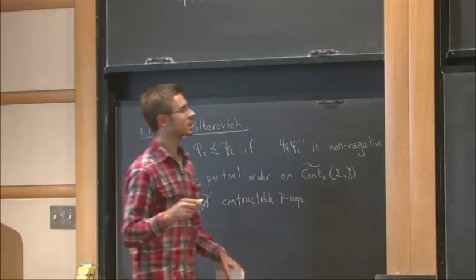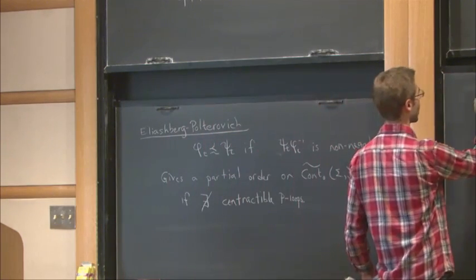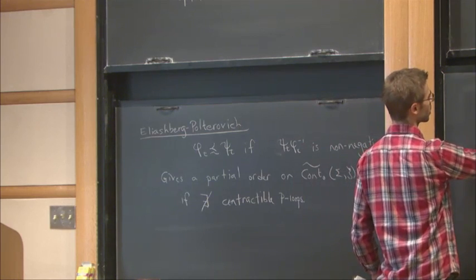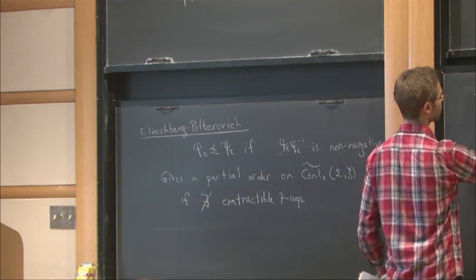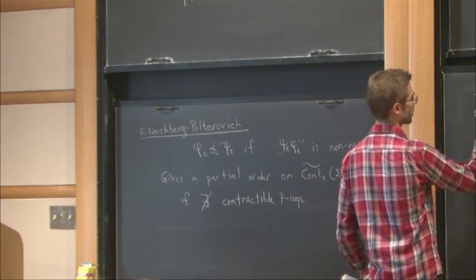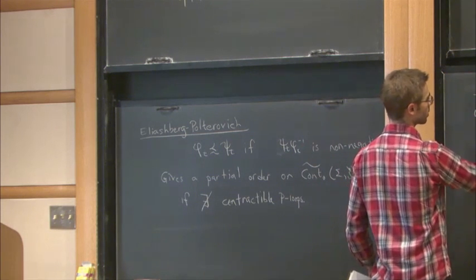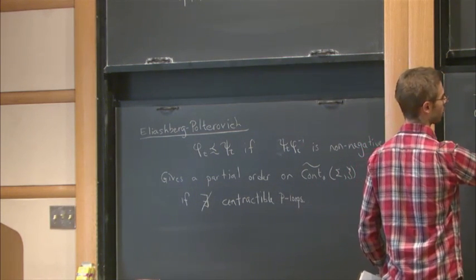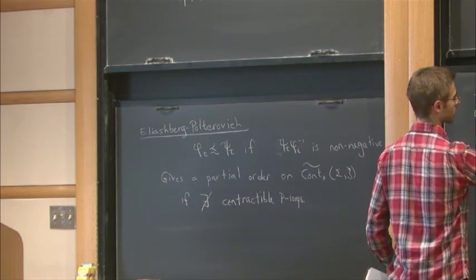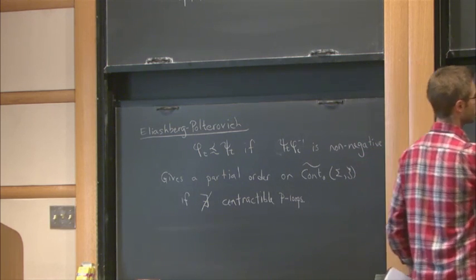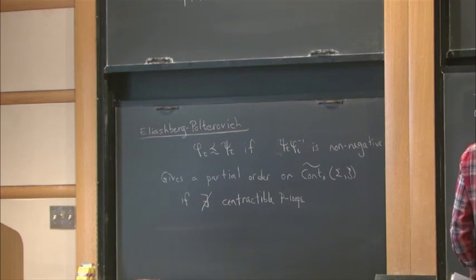Okay. So some examples of where this pops up. Examples of both cases would be: RP 2n plus 1 with its standard contact structure inherited from the sphere is orderable. So there don't exist such loops.